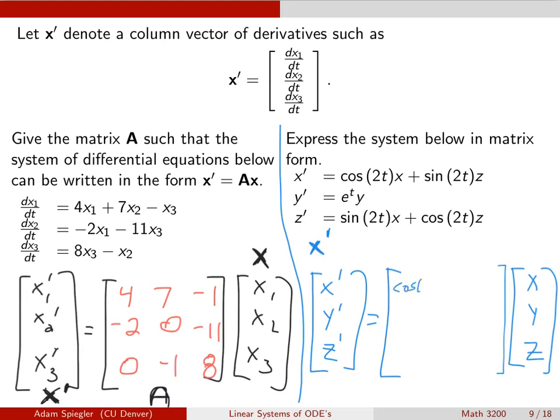So that would be cosine of 2t, 0, sine of 2t, and then we have 0, e to the t, 0, and we have sine of 2t, 0, cosine of 2t. And that would give us a way of expressing this system of differential equations in matrix form.